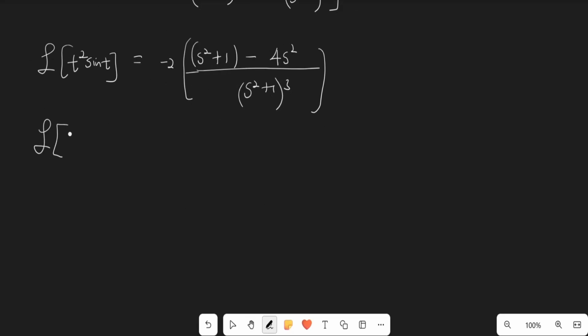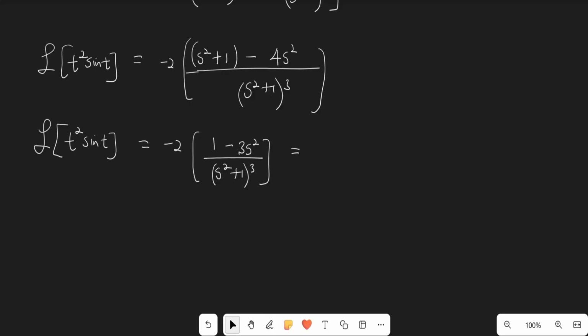So the Laplace transform of t squared multiplied by sine of t is equal to negative 2 times, now the numerator becomes 1 minus 3s squared, all over s squared plus 1 all raised to the power 3.